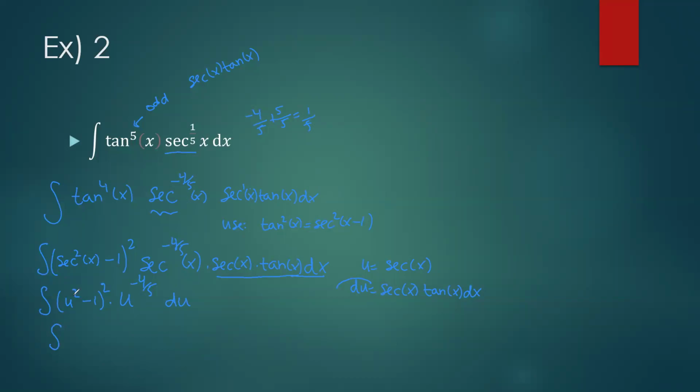So over here, I'm going to FOIL out the parentheses u squared minus 1 to the second power. If I FOIL that out, that would be u to the fourth minus 2u squared plus 1, times the u to the negative 4/5 du. And then I'm going to distribute this negative 4/5.